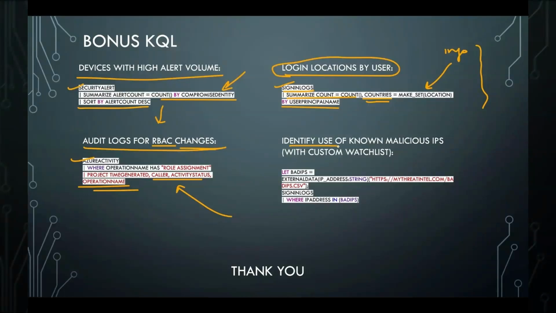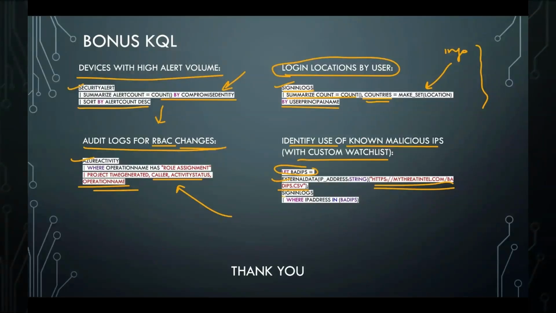And then identify use of known malicious IPs with a custom watchlist. So we can use the let command and the bad IPs and the externaldata IP address string. And this is the external link I'm calling with a CSV, where all the bad IP addresses are listed.